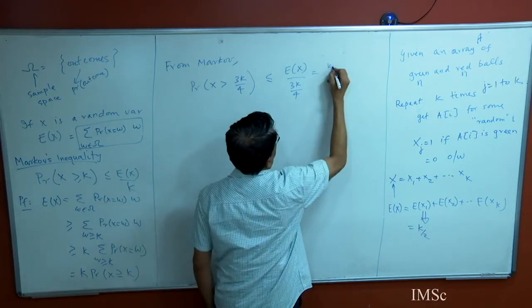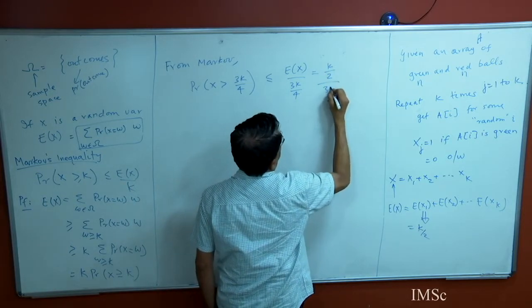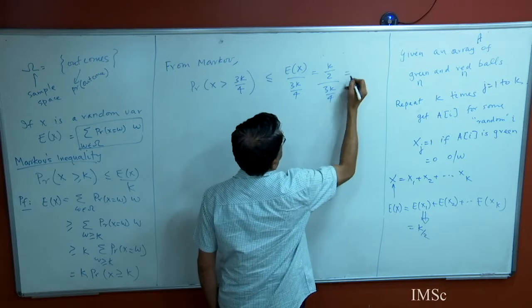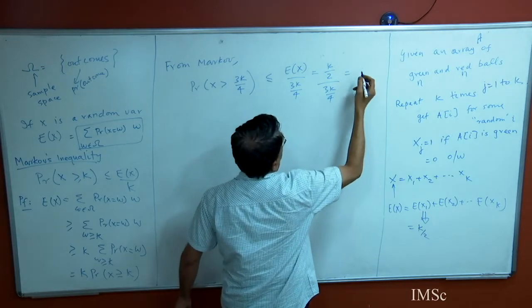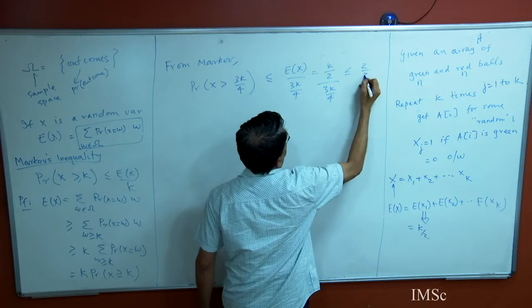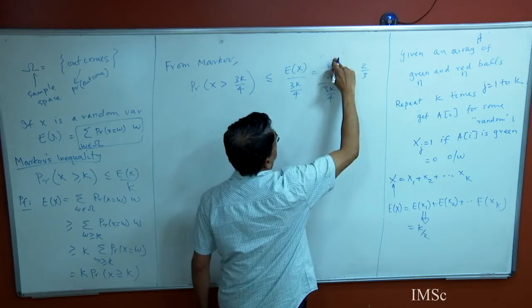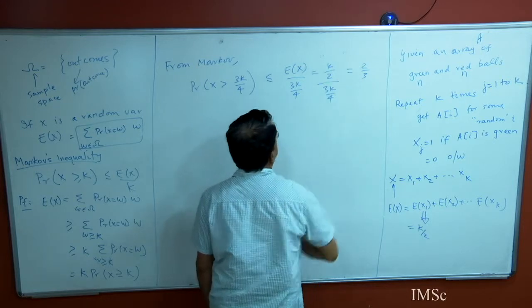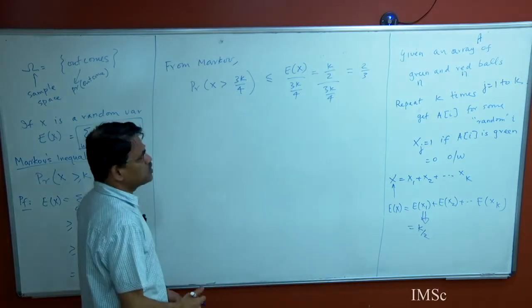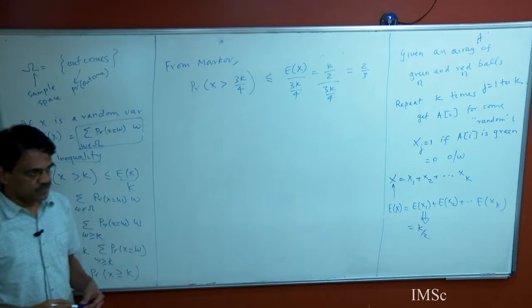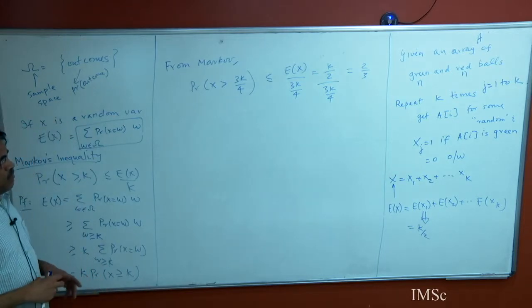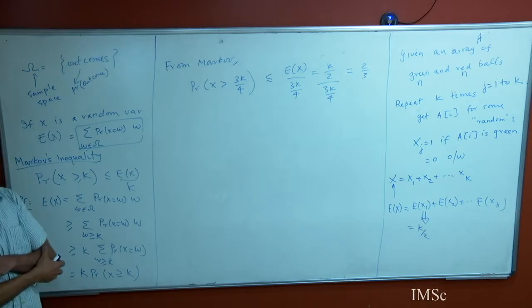It's k by 2 divided by 3k by 4. So this is exactly, k goes away and the 4 comes here, at most 2 by 3. So with probability at most 2/3, x is at least 3k by 4.